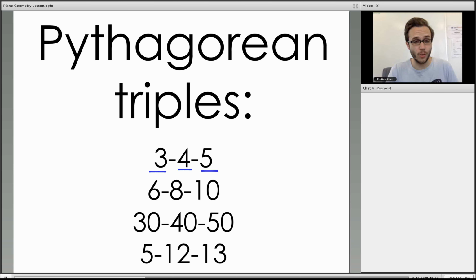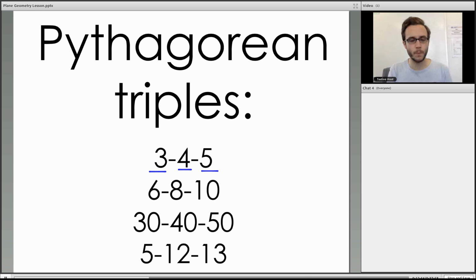One special thing that you might notice about these sets of sides, which are sides of triangles that work for a right triangle using the Pythagorean theorem, is that each of these is proportional to another one.